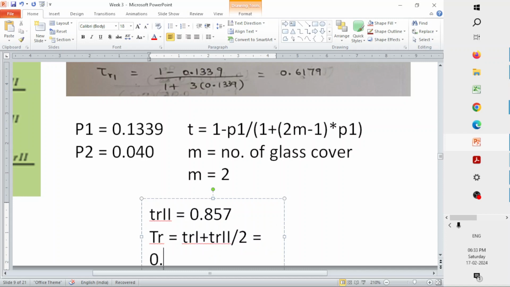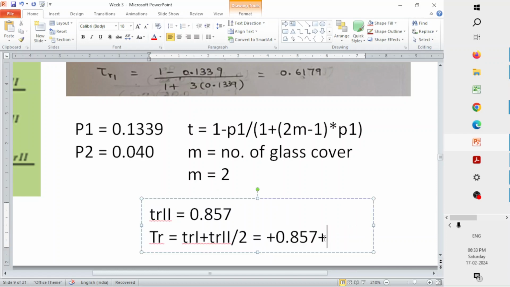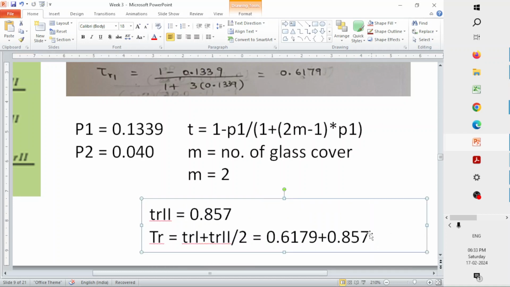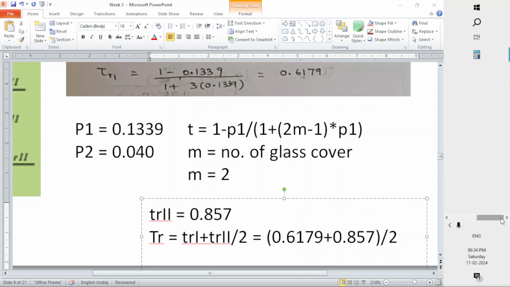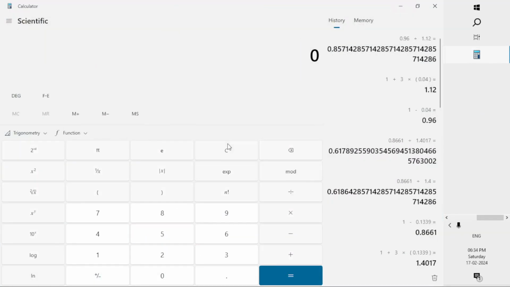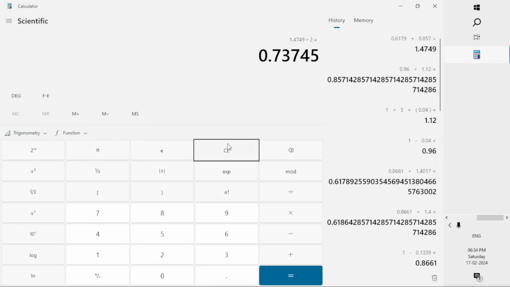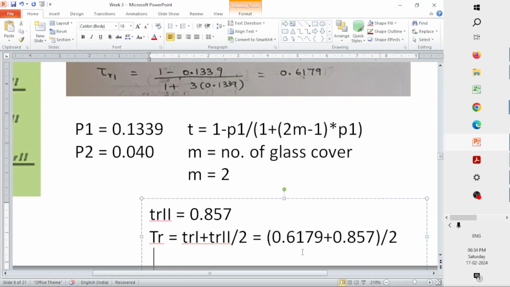So 0.6179 plus 0.857 divided by 2 is 0.73745.